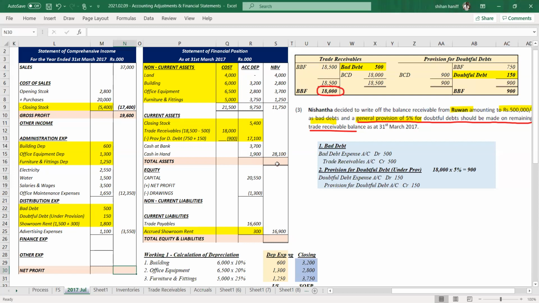Others can calculate the total. So net profit.